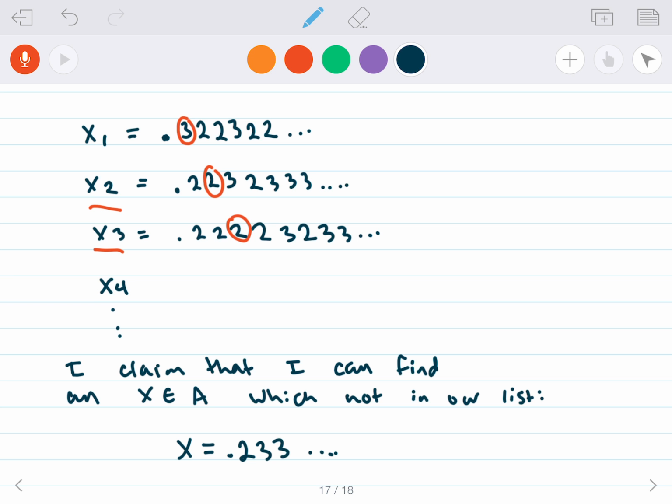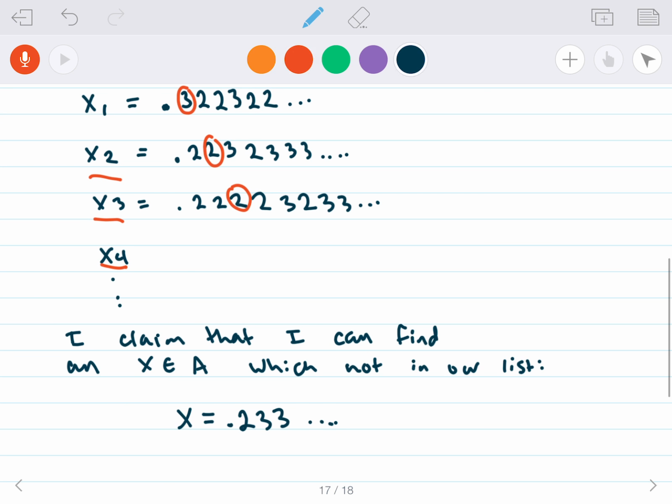Because I can keep doing this forever and ever. I can look at the fourth slot, and if it's a 2, I change it to a 3. If it's a 3, I change it to a 2, etc. And therefore X is not equal to x_i for all i in the natural numbers. That's how we're going to index this.